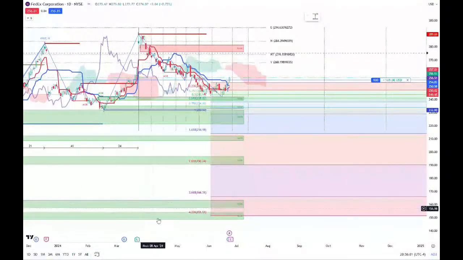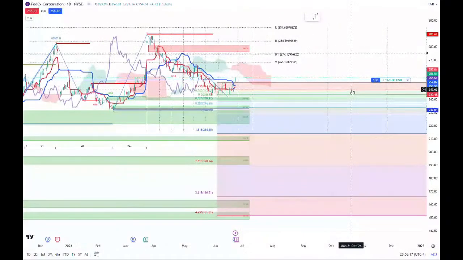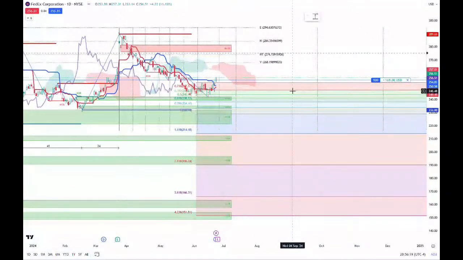As you can see, it hit it, boom, hit it, boom, hit it, boom. So we have in a bullish pattern what they call the higher lows. You got this one, this one. So that could be a bullish sign, even though the Ichimoku cloud didn't change yet to green.